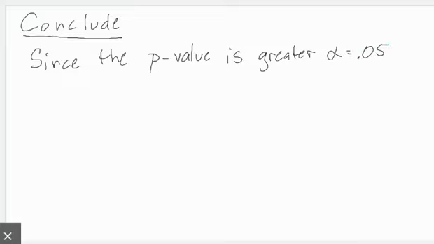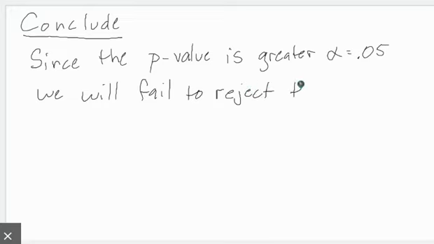Since the p-value is greater than alpha, let's say we, because it's the teacher, we will fail to reject the null hypothesis. Okay, I'm going to underline fail to reject. You don't have to underline it in your answer, but I'm going to come back to that. Since the p-value is greater than alpha, we will fail to reject the null hypothesis.